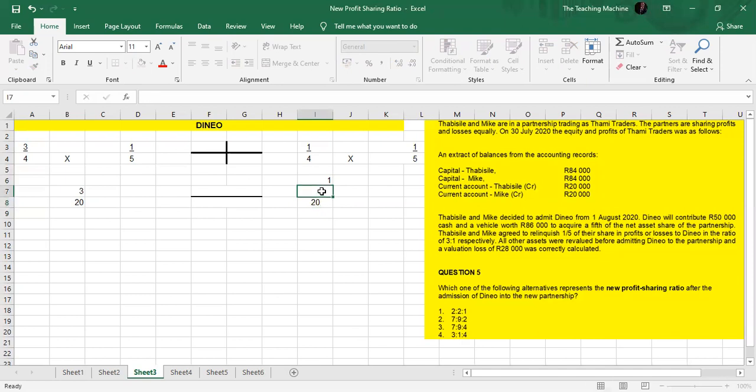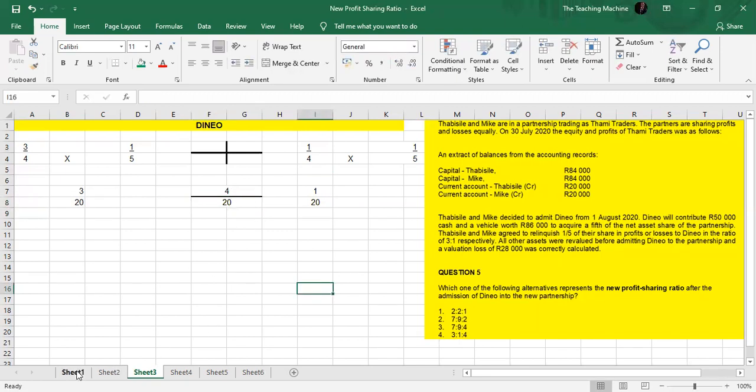So what is 3 plus 1? It is equal to 4. And then the 20 is the same. So for the new partner, it will be 4 over 20.